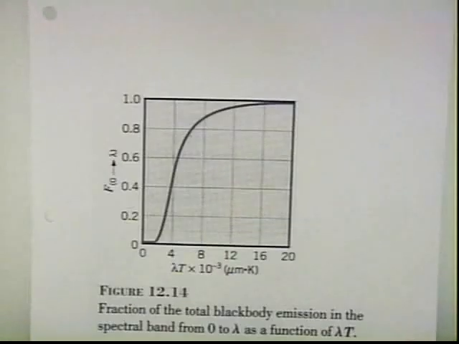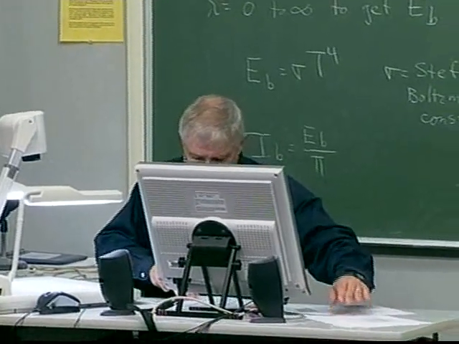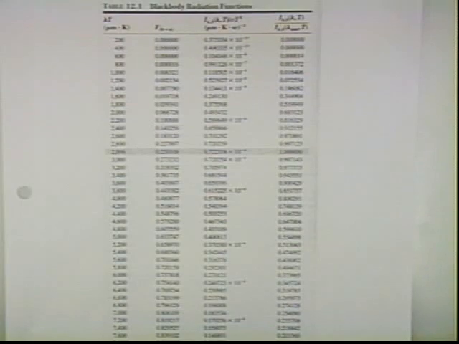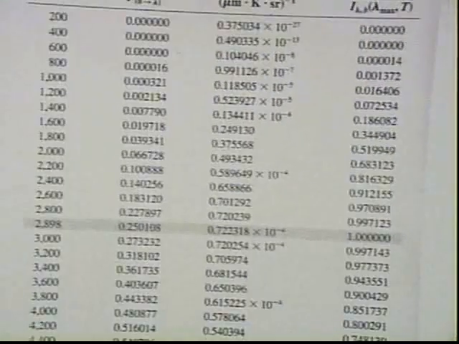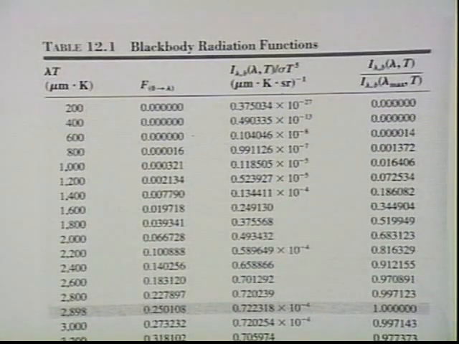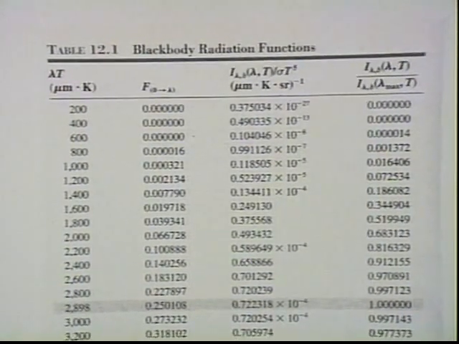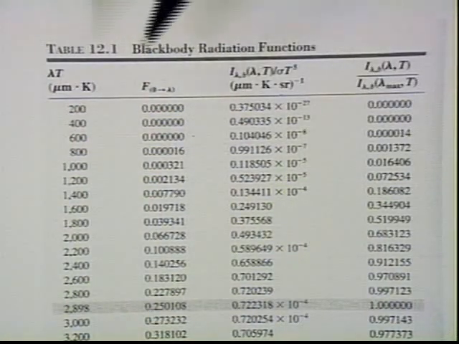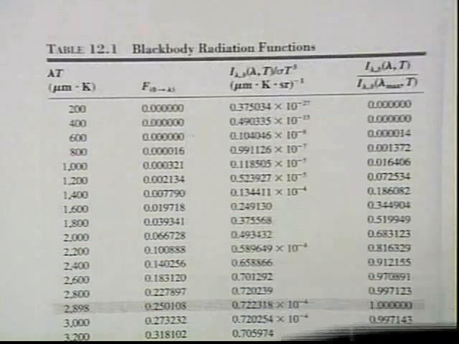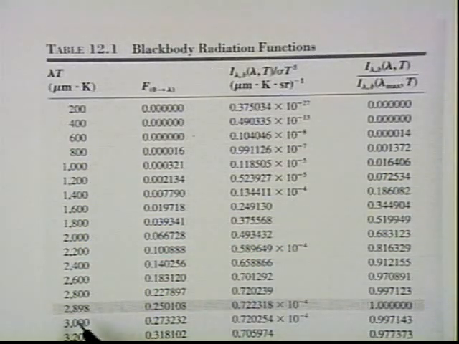Now, instead of doing the integration, it's already been done for us, so we can use a table. You have this table in your book. We can take a particular lambda T, let's use the shaded one, where lambda T turns out to be 2898.